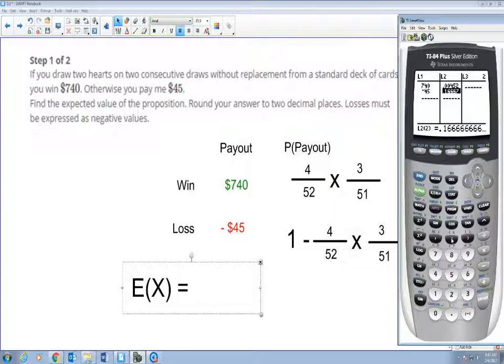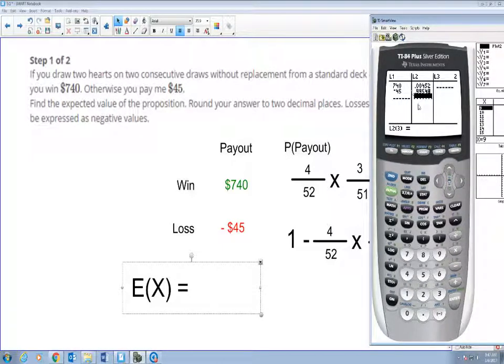That's my chance of winning, 0.00 something. Losing, 1 minus, parenthesis, 4 out of 52 times 3 out of 51. That's the number of ways. That will be my chance of losing. Stat calc number 1, second L1 comma second L2.